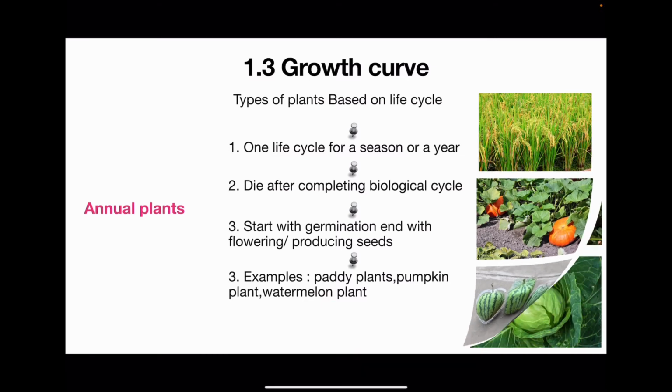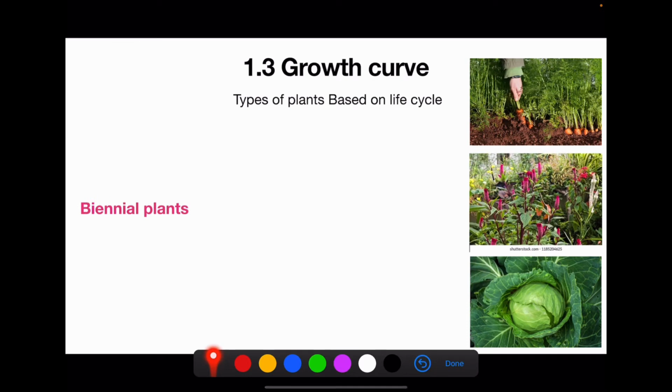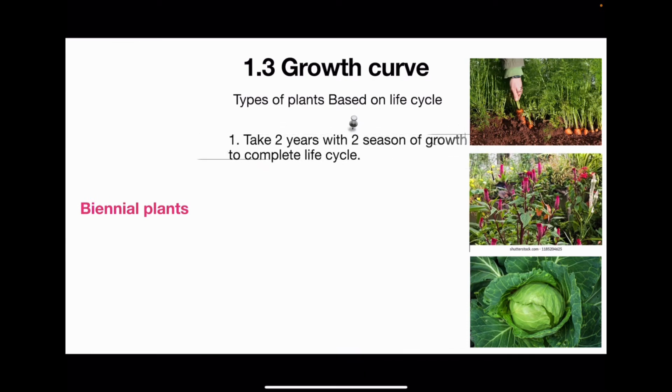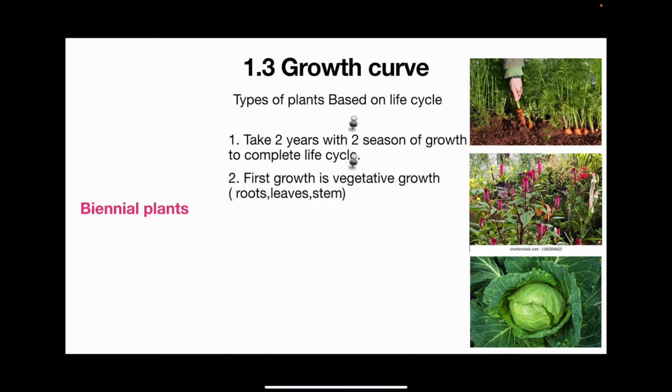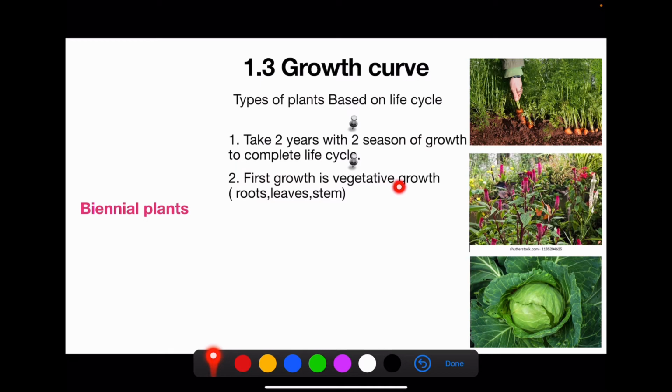So we move to the next plant, that is biennial plant. For biennial plant, it takes 2 years with 2 seasons of growth to complete its life cycle. The first growth is a vegetative growth, that is the roots, the leaf, and also the stem.